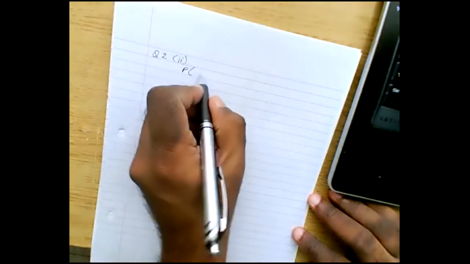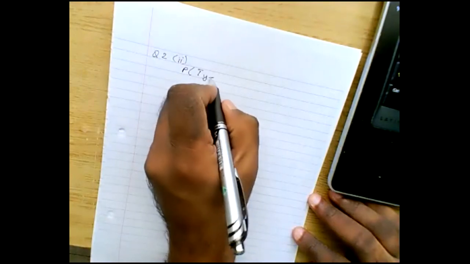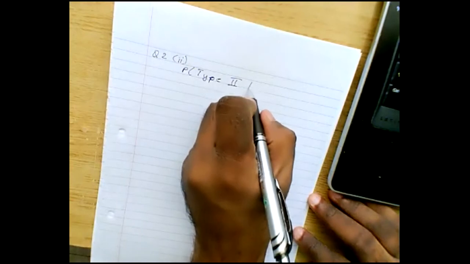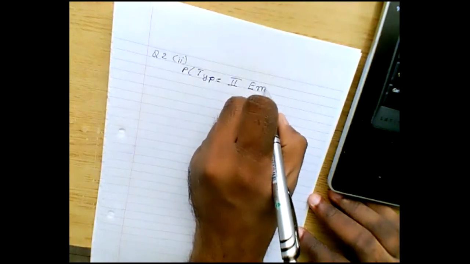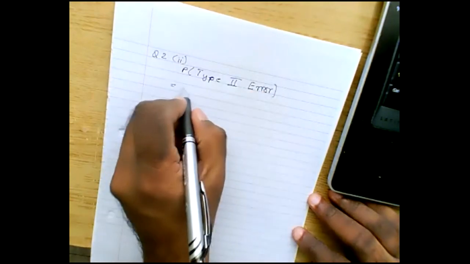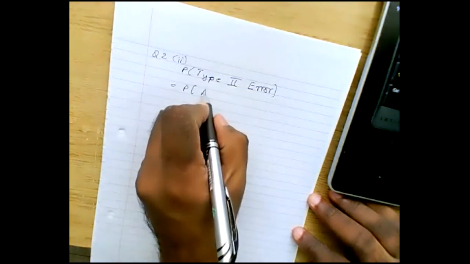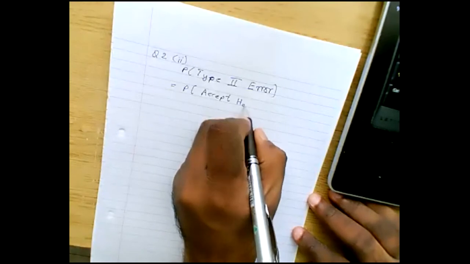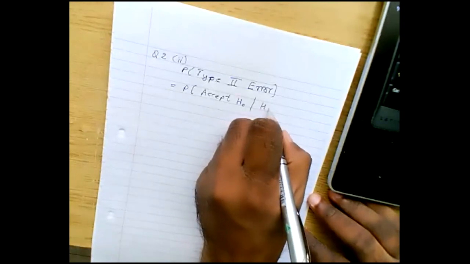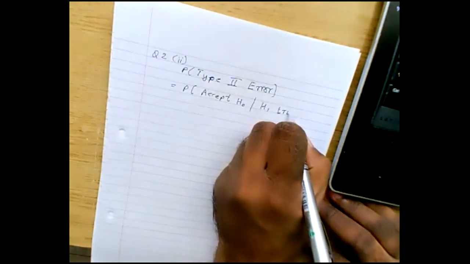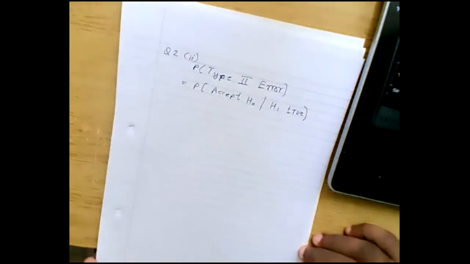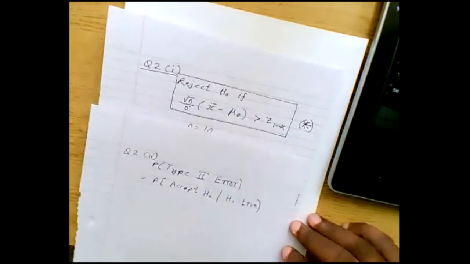Now, the probability of type 2 error, which we normally denote by beta, is defined as the probability of accepting the null hypothesis when H1 is true. Okay, you follow? Now let me go back to this.